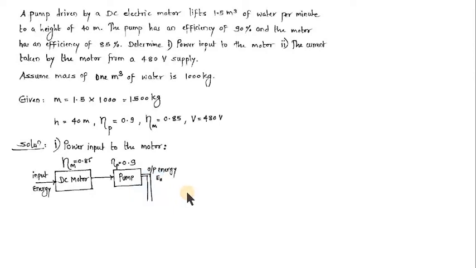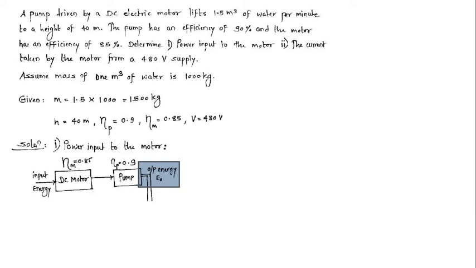So when the pump is lifting the water, output energy from the pump is getting delivered to the water that is lifted. The lifted water will store this energy in the form of potential energy. So potential energy of the lifted water is equal to output energy of the pump.